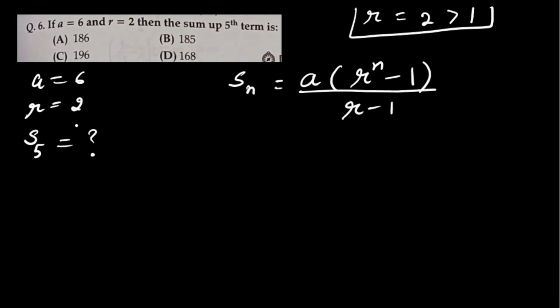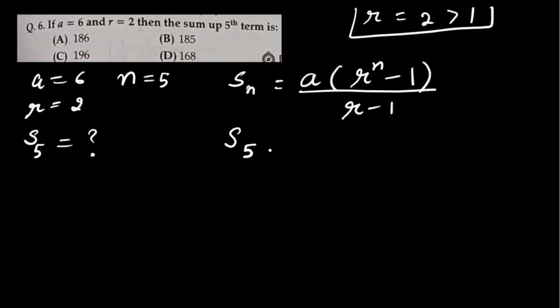Now you have to see A's value is 6, R's value is 2. The n's value is whatever is written as a subscript. Subscript means the number written down here. So this number is the value of n. So n is equal to 5. We can substitute here.